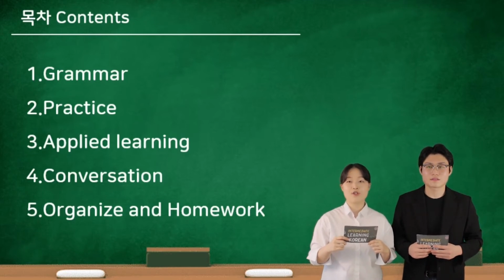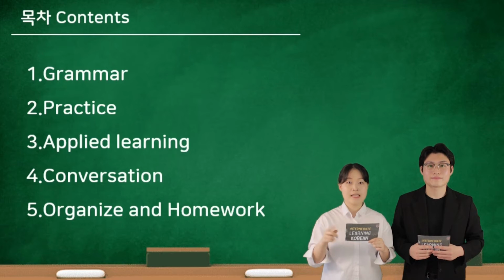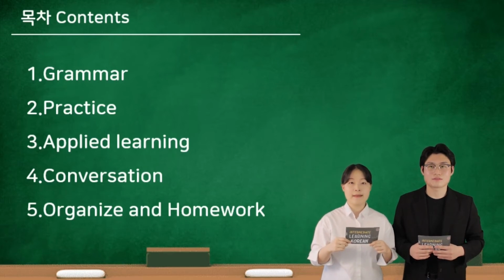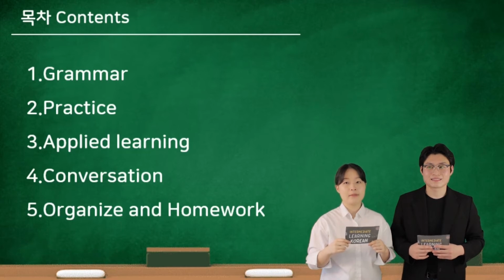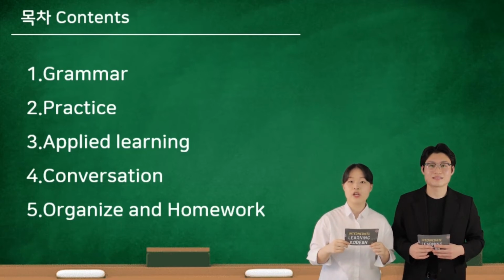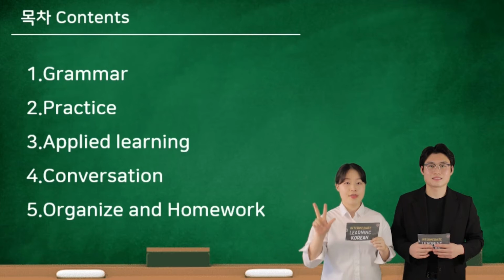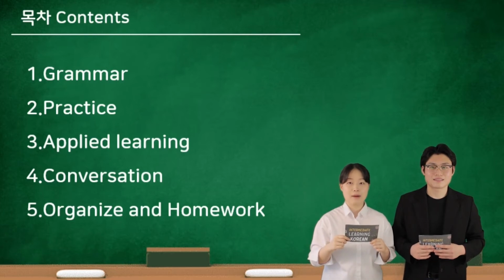Or, in general, they may be used to refer to an obvious fact as a condition for something, or to refer to a simple basis or condition for the fact behind it to come true. Everyone, is it difficult? Let's learn more easily through example sentences.